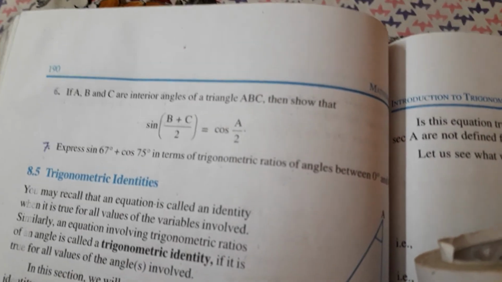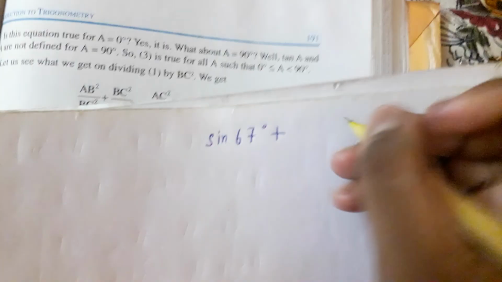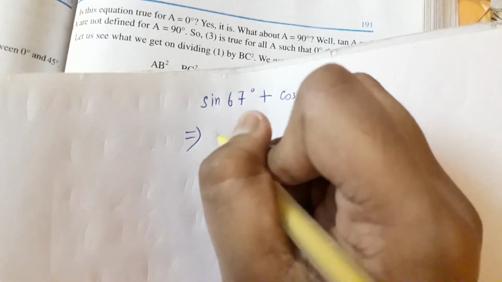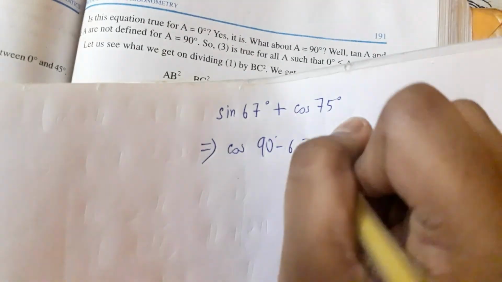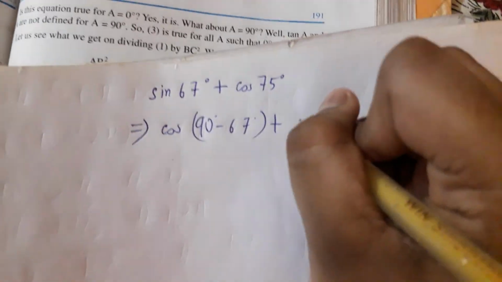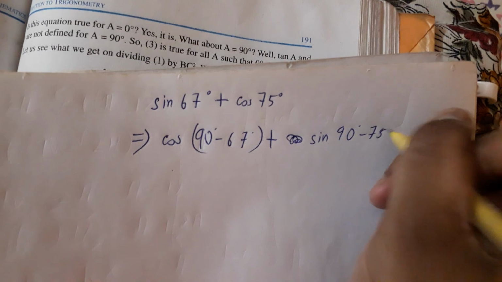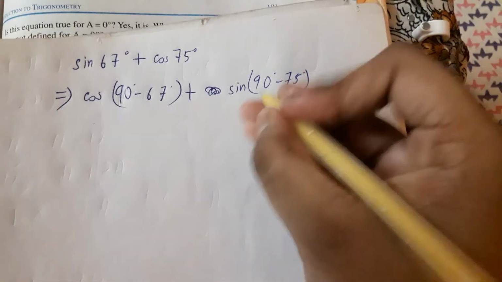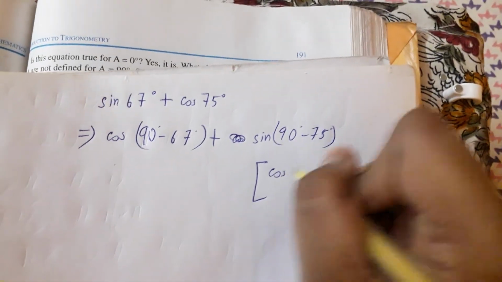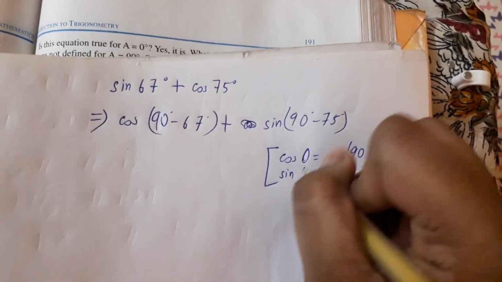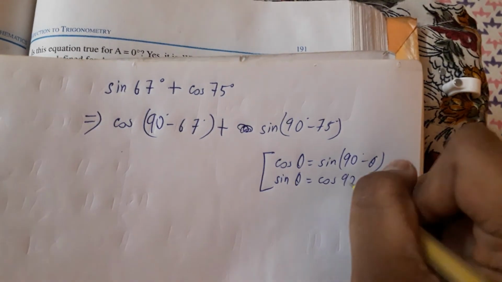Okay students, now see, sin 67 degrees plus cos 75 degrees. Here this is very easy. Sin theta means cos (90 degrees minus theta), plus cos theta means sin (90 degrees minus theta), and you have to write the reason here, that is cos theta is equal to sin (90 degrees minus theta), and sin theta is equal to cos (90 degrees minus theta).